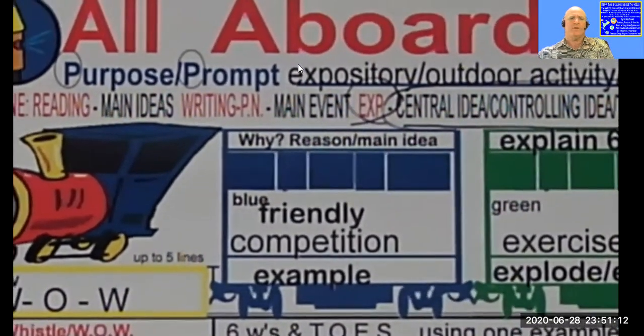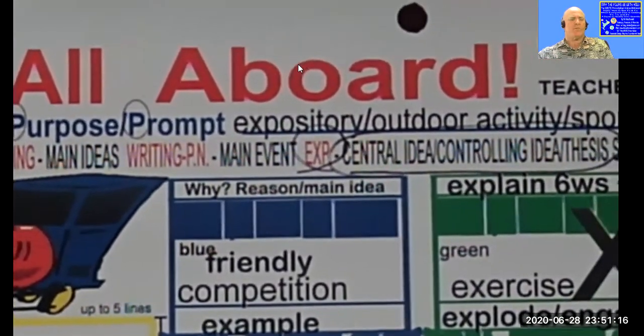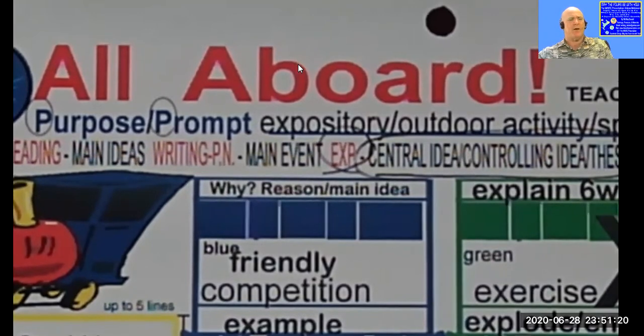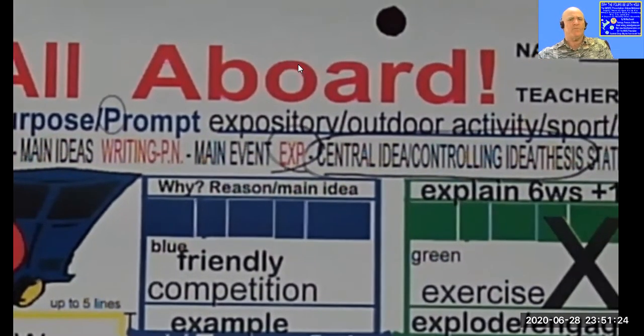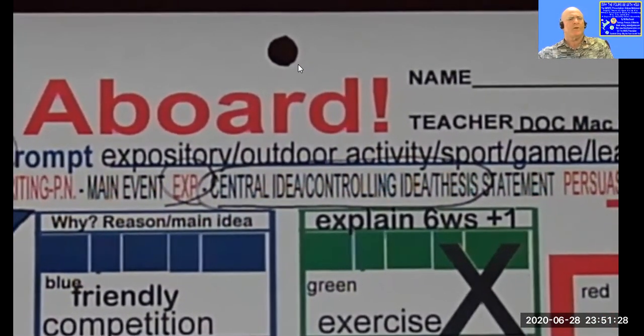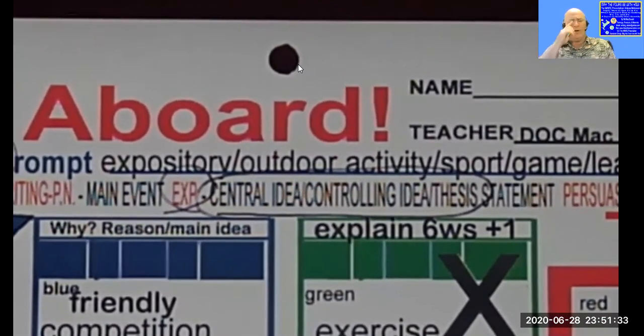All right. Your kids have to remember what's the purpose and what's the prompt. M&M has a big brother named PNP, purpose and prompt. They have to know that the purpose is expository. And on the prompts, I put several because sometimes when kids have limited experiences, you have to teach them how to use their limited experiences to respond to several different prompts.